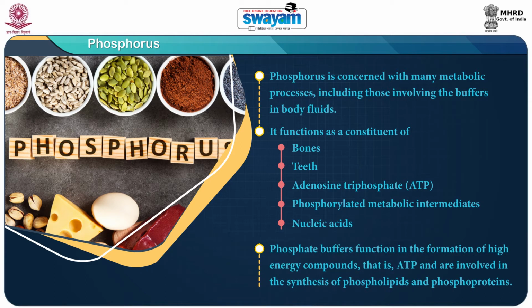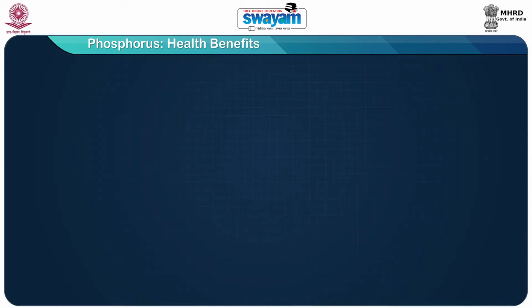Now, phosphate buffers function in the formation of high energy compounds, that is ATP, and are involved in the synthesis of phospholipids and phosphoproteins.